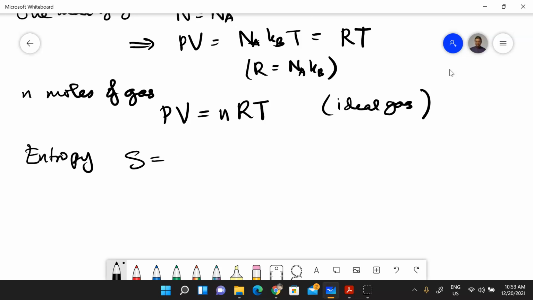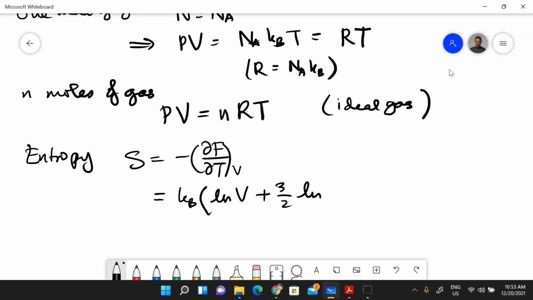S equals minus partial F partial T at constant volume, and going back to the earlier expression of the free energy, this is log V plus 3 over 2 log of m kBT over 2 pi h bar squared, plus 3 over 2.